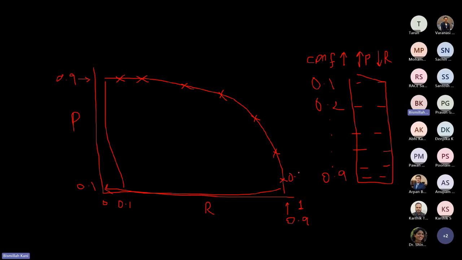This will be 0.1, this will be 0.2, 0.3, all the way up to 0.9. You see, the higher the confidence, the higher the precision; the lower the confidence, the higher the recall. These two extremes are not suitable. I need to find a sweet spot. I will probably select 0.4 as the sweet spot, where I have a balanced precision and recall.